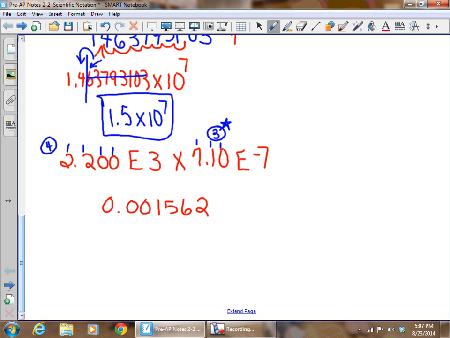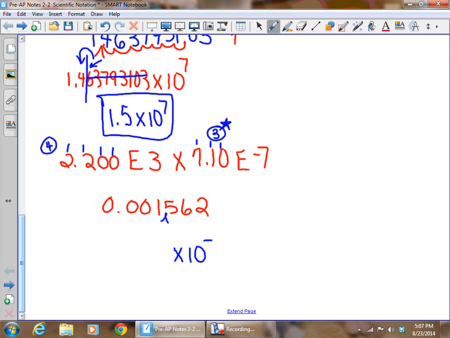It's always easiest to get it in scientific notation first, so let's do that. We know we need to move the decimal to here. This is a number less than 1. What does that tell us? It tells us that we're going to have a negative exponent. So this is going to be something times 10 to the negative exponent value.